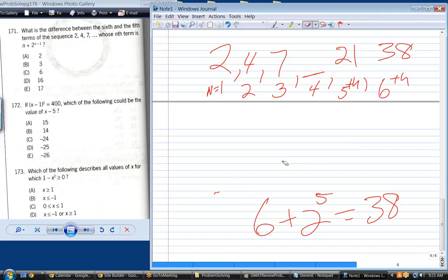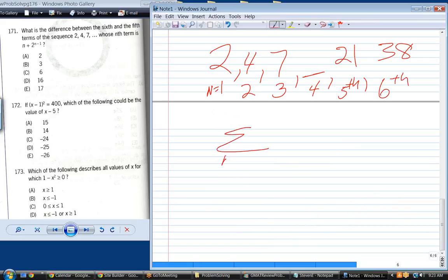Sequences are defined as n being integers, and it can start anywhere from 0 to 1. In other words, you have n going from 1, in this case, up to 6, and the nth term was like that. So the first term of the sequence is when n is equal to 1.